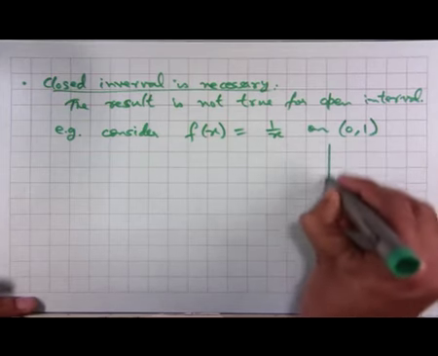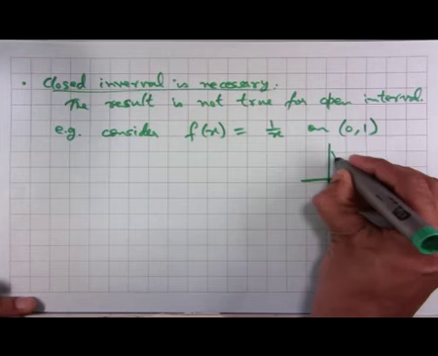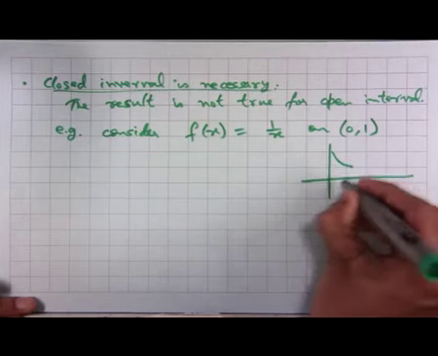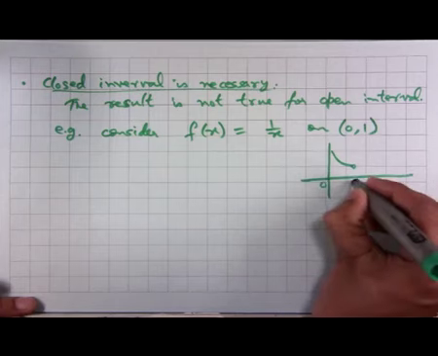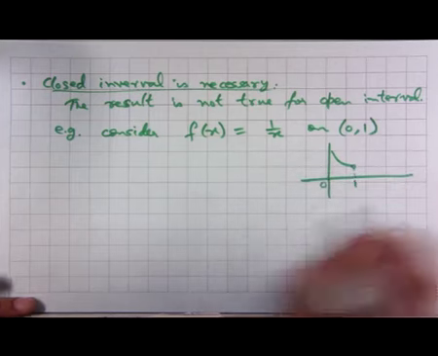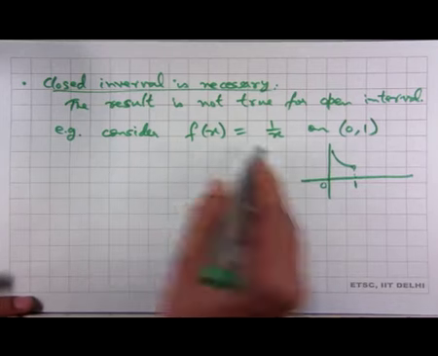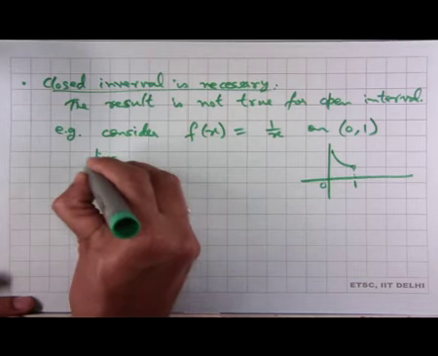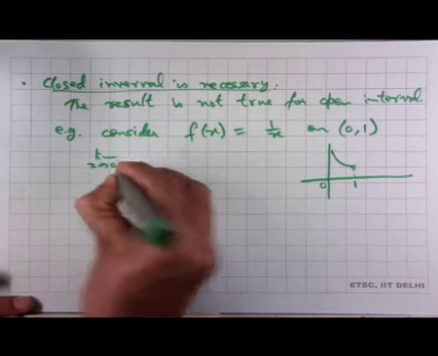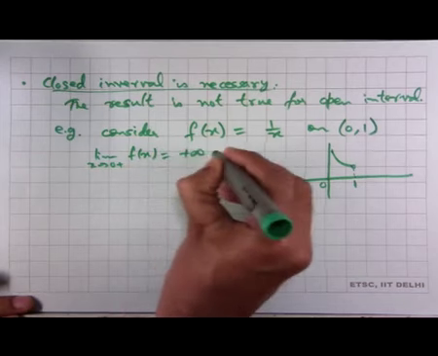So, the function is 1 by x. Note that this function, as x goes to 0, goes to positive infinity.